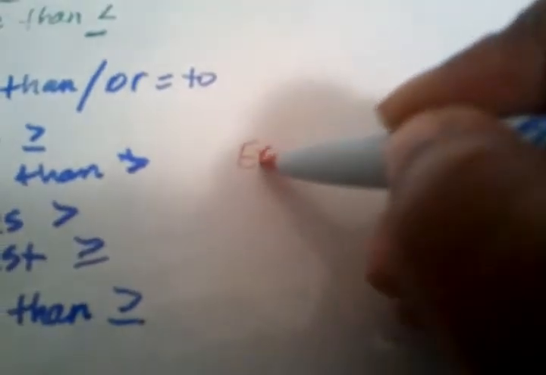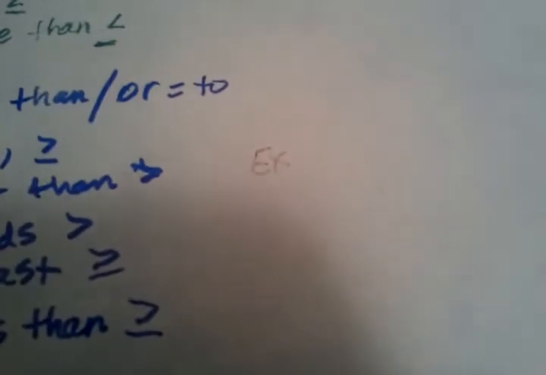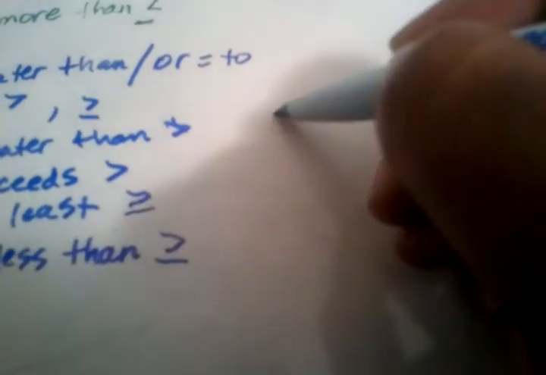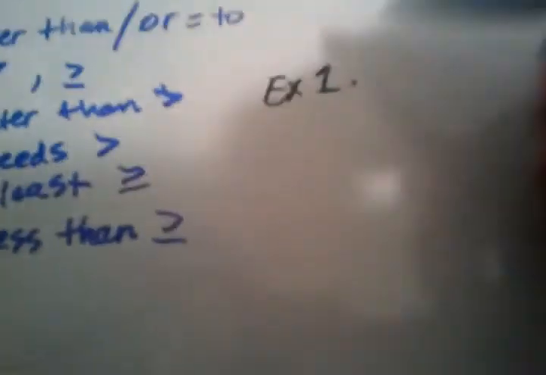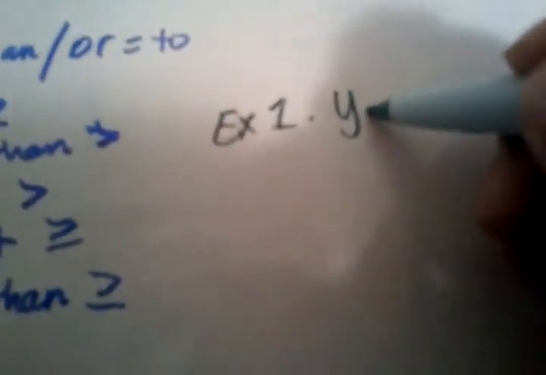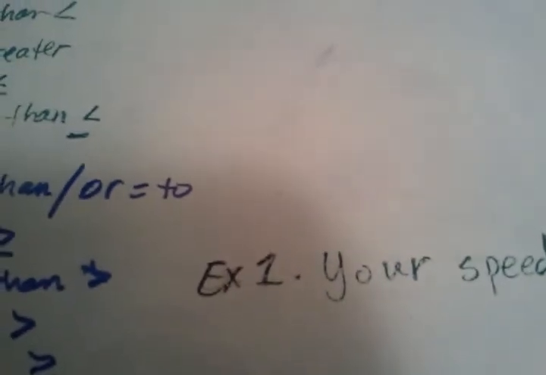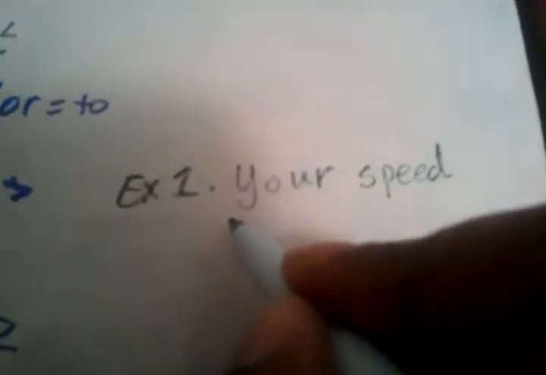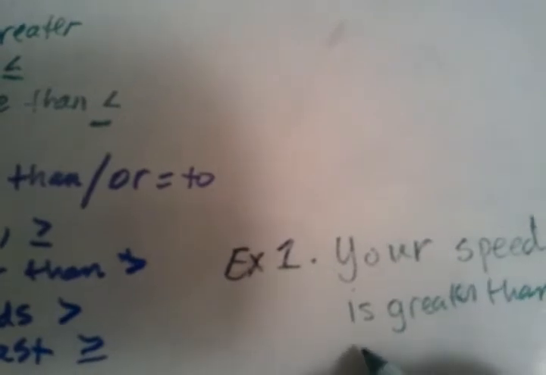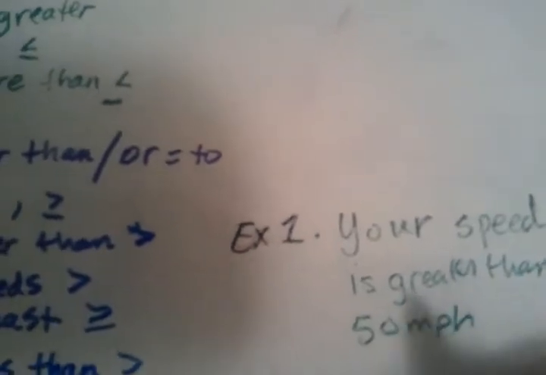All right, so example 1. Oh, the red doesn't work out good. I'm gonna go back to green. All right, example 1. Your speed is greater than 50 miles per hour.